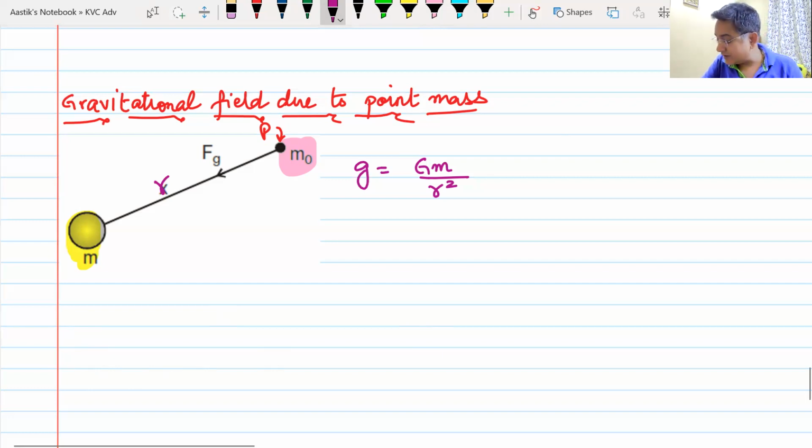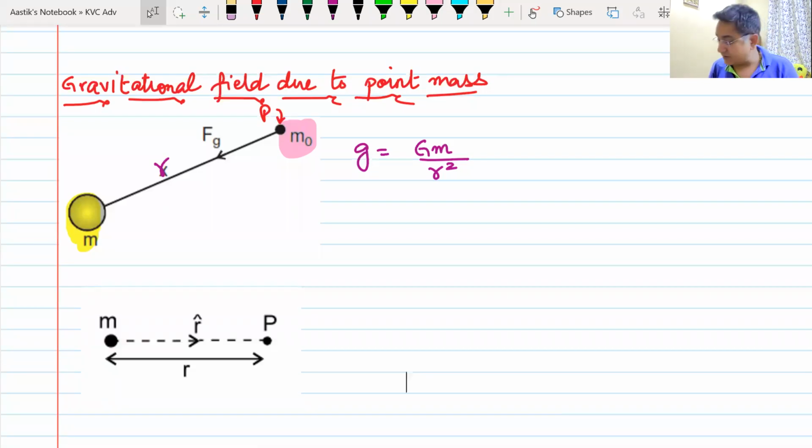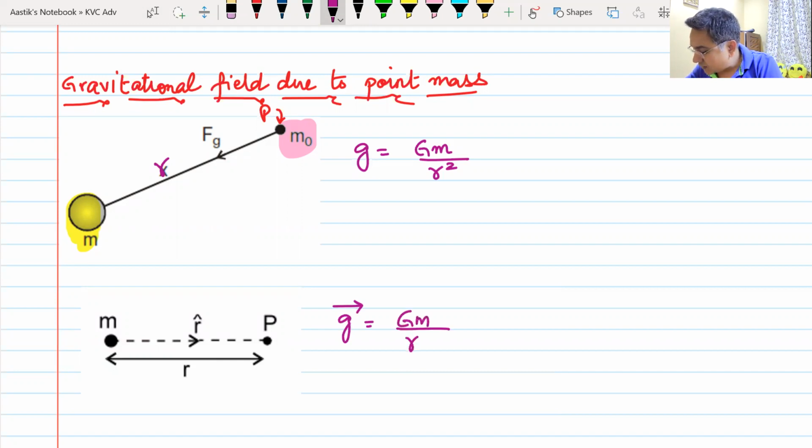As you can see here, this unit vector r is drawn from the point mass to the point. Then you can write this g vector as Gm by r square multiplied by r unit vector. Do we understand this? Yes, sir.